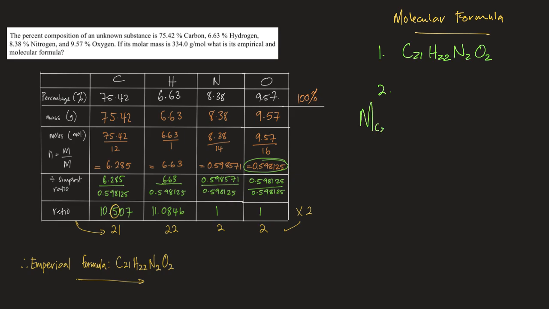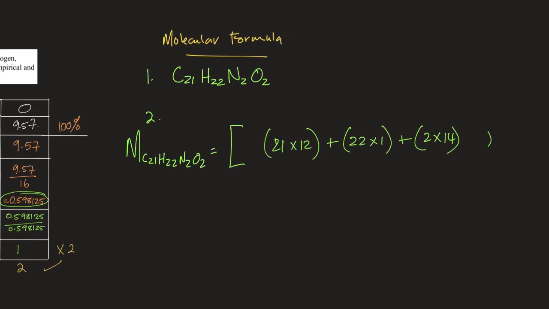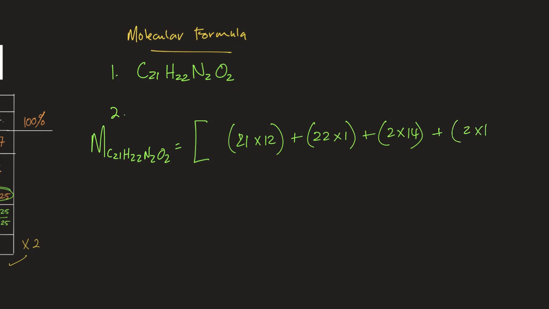So molar mass of C21, H22, N2O2 is, I'm just going to do it here, 21 times 12 plus 22 times 1 plus 2 times 14 plus 2 times 16. Pop that into your calculator, and that should give me 334 grams per mole.